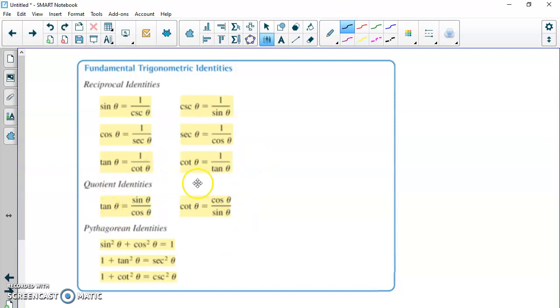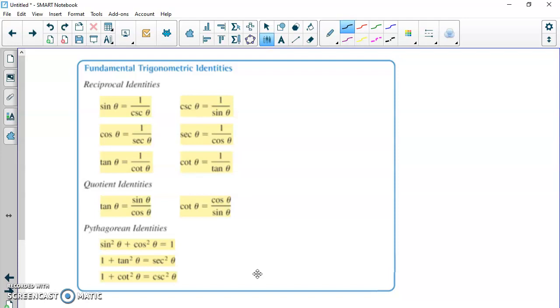These two here, the quotient identities, what I said earlier: tangent is y over x, or opposite over adjacent, or just take sine divided by cosine to get tangent. And then since cotangent is a reciprocal of tangent, it would be cosine over sine. And then these three new identities called the Pythagorean identities. Sine squared plus cosine squared equals 1.